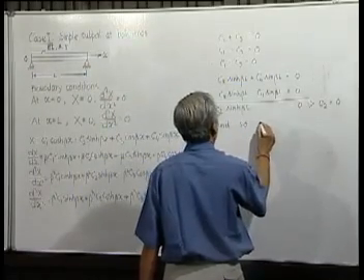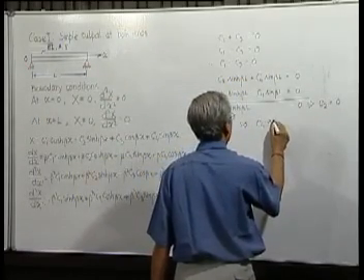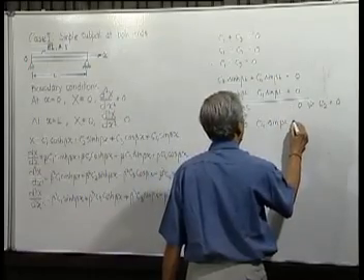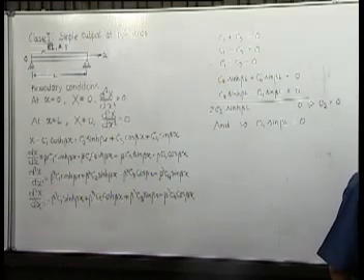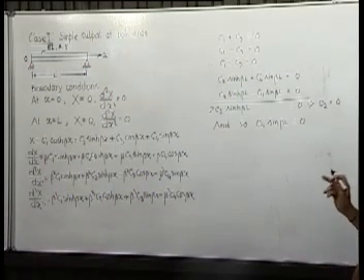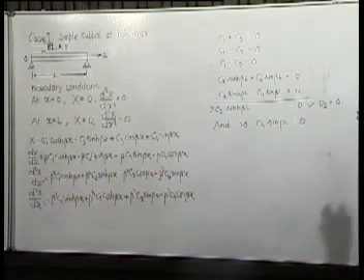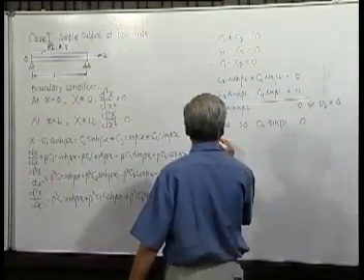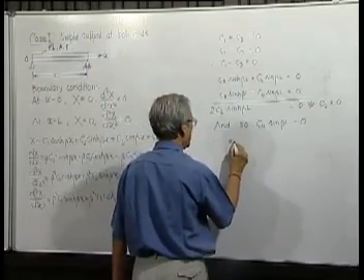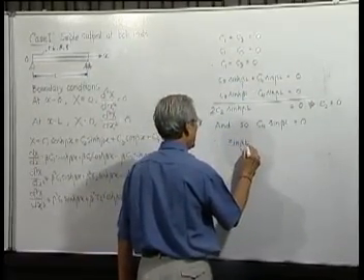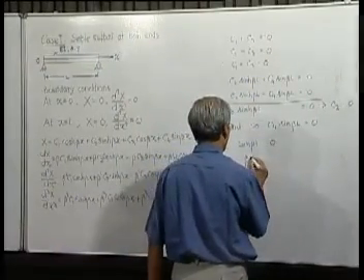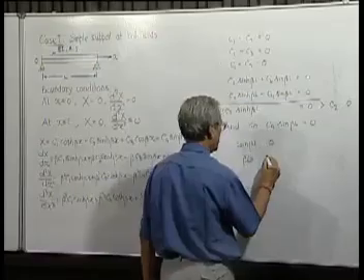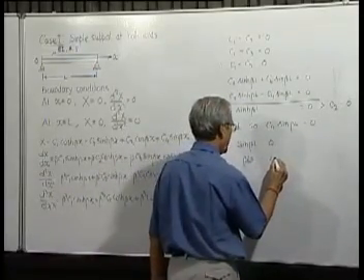And so C4 sin(beta L) equal to 0. So therefore we find the situation is like this: C1 equal to 0, C3 equal to 0, C2 equal to 0, but C4 cannot be equal to 0. So therefore the only possible solution will be sin(beta L) equal to 0, or beta L will be equal to some integer multiple of pi, I pi.